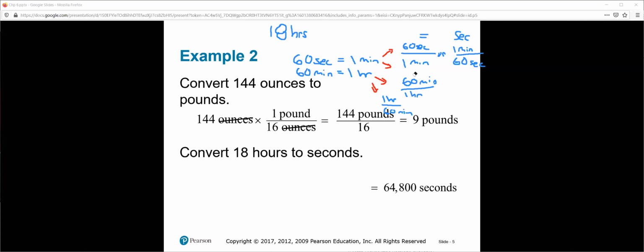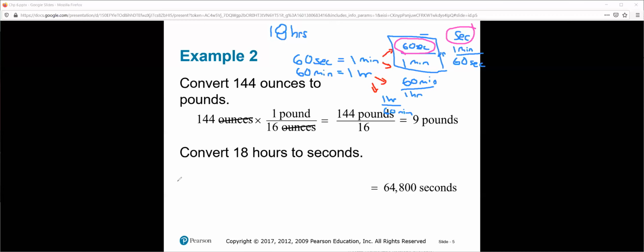So I know my answer has to have seconds in the numerator. Do I have any of these fractions with seconds in the numerator? Yes, I have seconds in the numerator right here. So that tells me that this one is part of my equation.